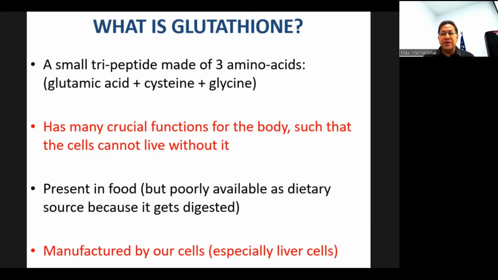Glutathione is also present in food, but unfortunately it is poorly absorbed because it gets digested first, so we cannot hope to improve our glutathione through food. Glutathione is manufactured by our cells, especially the liver cells, the kidneys, and other organs.